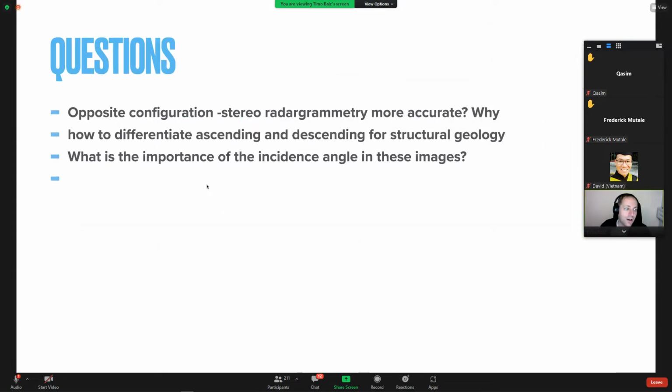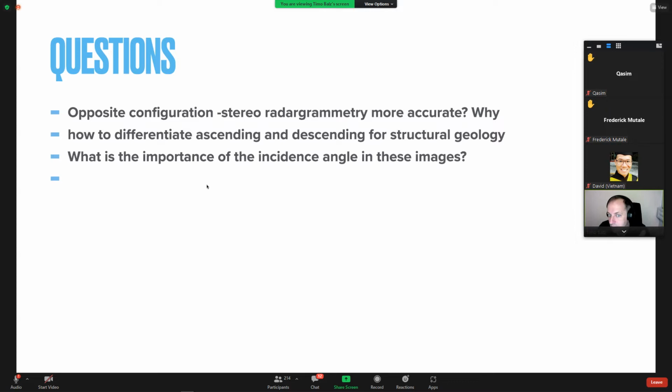All right, okay, so then we had a couple of questions toward the stereo radargrammetry on the opposite configuration. Why is it more accurate? Right, I come to that. How to differentiate ascending descending for structural geology?